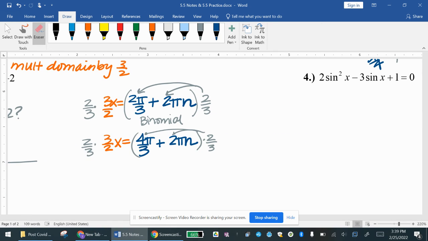Okay, so take your time, go ahead and pause the video and multiply 2 pi over 3 times 2/3 and 2 pi times 2/3, and then see if your answer matches. Push play when you're done distributing the 2/3 to the binomial.